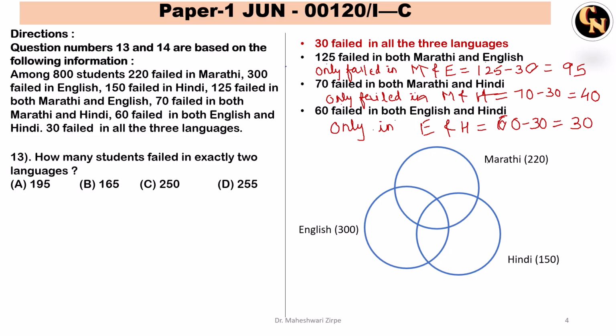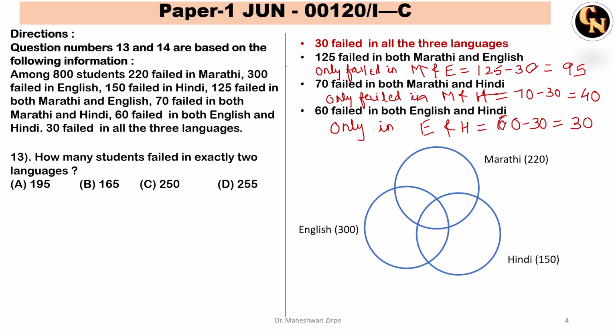Now if I put this all in a Venn diagram, let us see how it will look. This is the Venn diagram which you can draw, because they have asked us for three subjects. So I have shown here three circles, and we are intersecting all three circles because they have given us that 30 failed in all three subjects. Each circle will represent one subject failed.